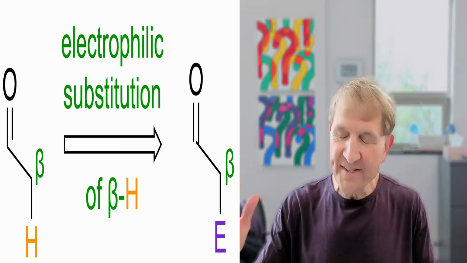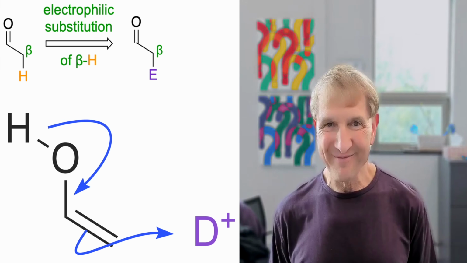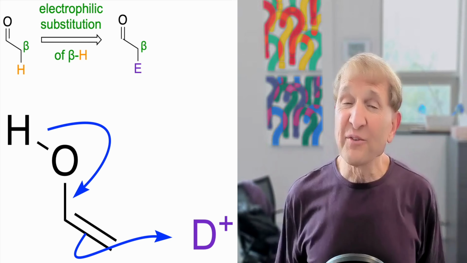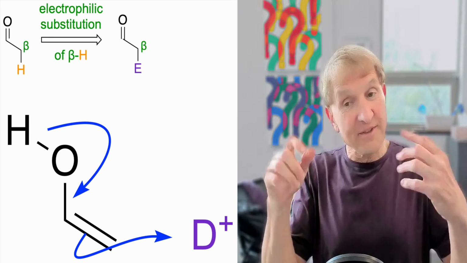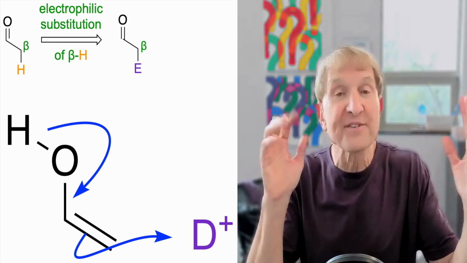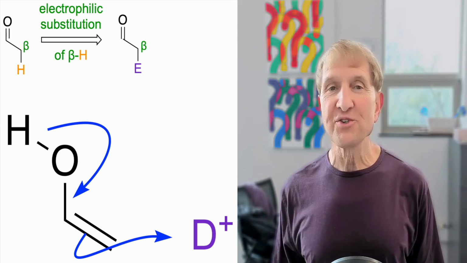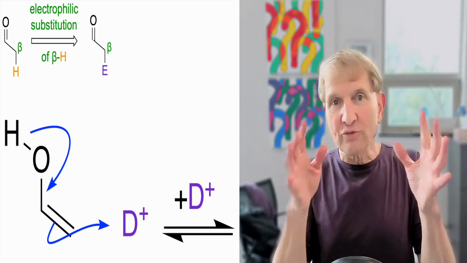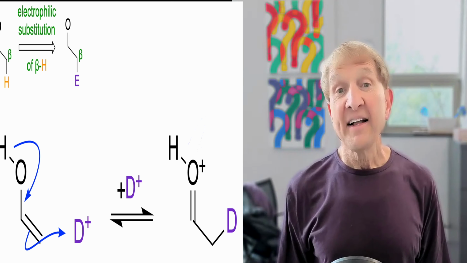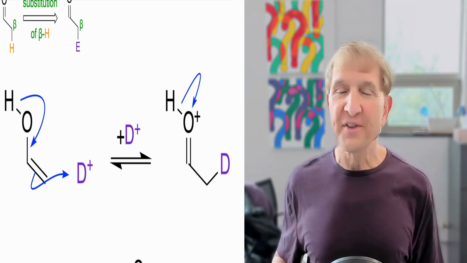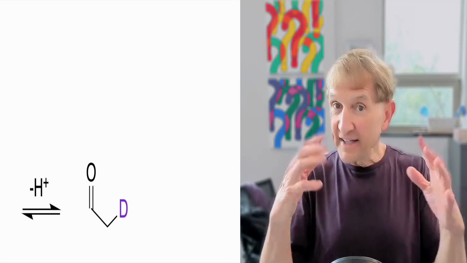What's the simplest electrophile I can possibly think of? It's deuterium. It's going to seem kind of foolish to say this, but if we substitute our E electrophile with D+, a deuteron, then we generate the enol under acidic conditions, remember? And the enol reacts with the deuterium on the beta carbon. Now there's two more hydrogens on that beta carbon, and they can both leave via enols.